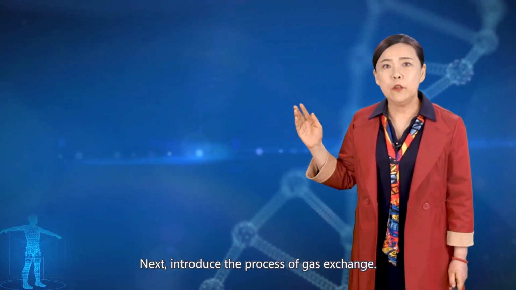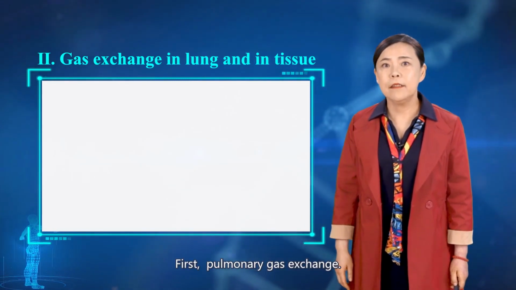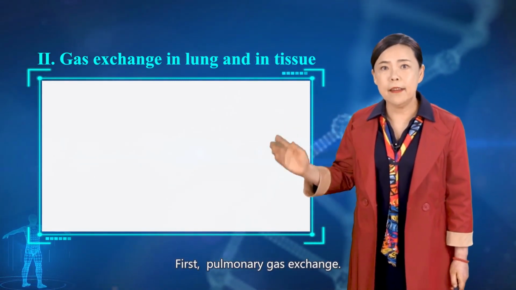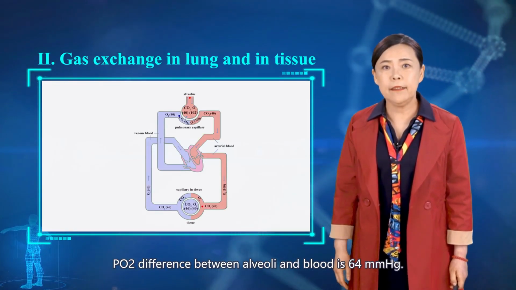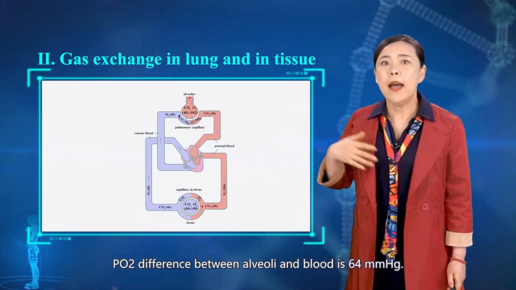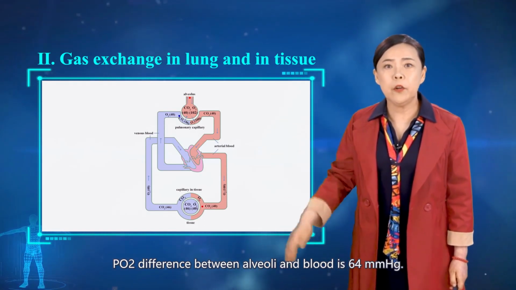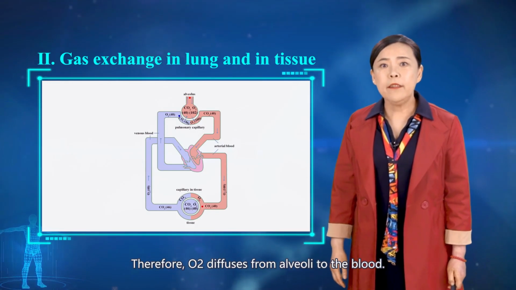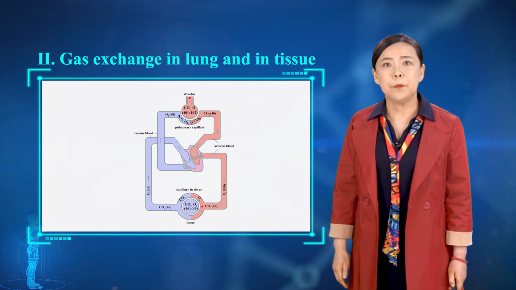Next, we introduce the process of gas exchange. First, pulmonary gas exchange. The partial pressure difference of oxygen between the alveoli and the blood is 64 millimeters of mercury. Therefore, oxygen diffuses from the alveoli into the blood.